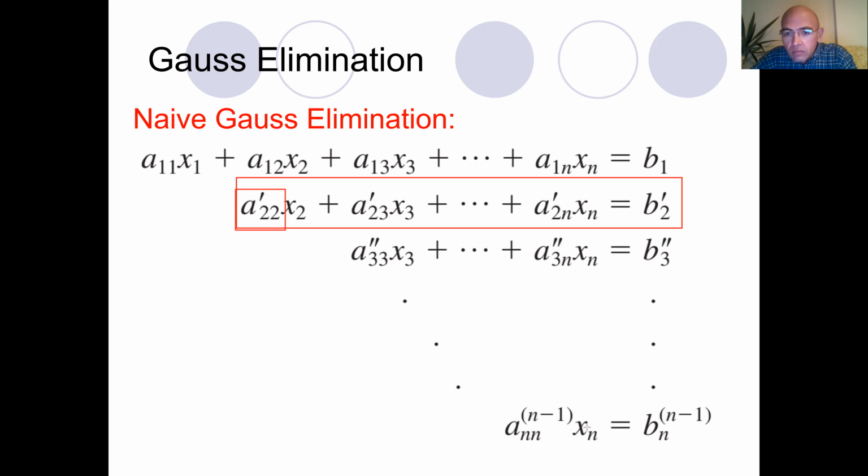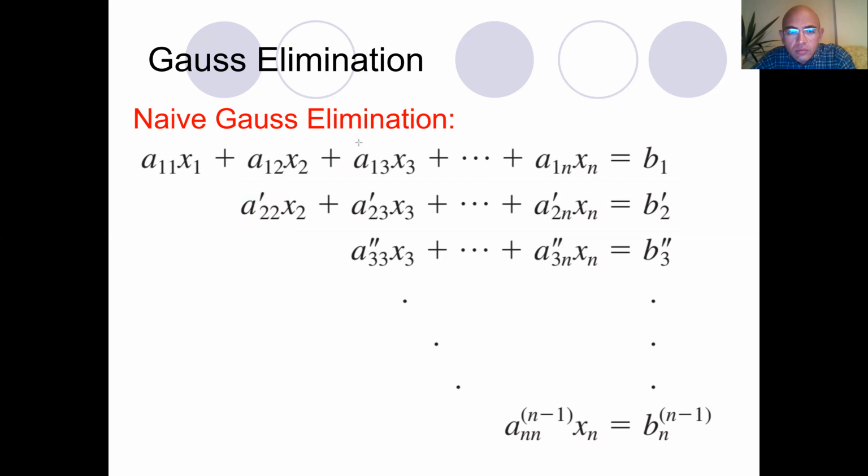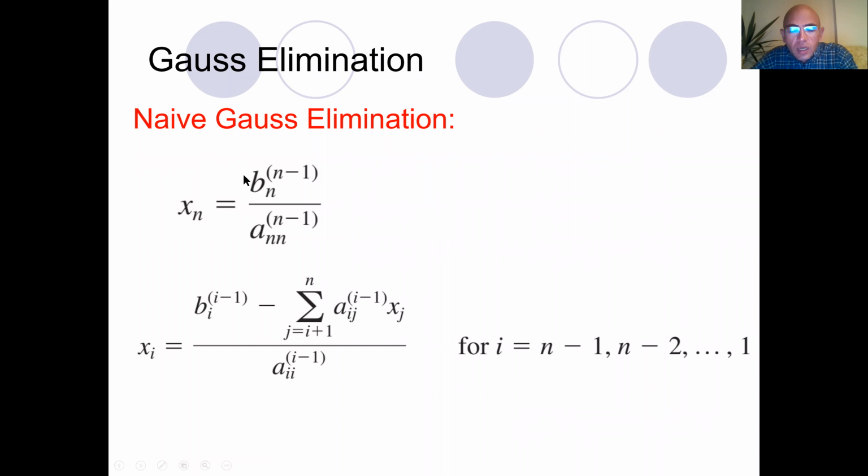And then what you do is now you find xn here and you put it in the previous equation, so the n minus 1th equation, and then from there you find xn minus 1, and then it goes like this. At the end you find the x1 from the first equation. Now this is the back substitution step. So once you do the forward elimination, the second step is the back substitution.